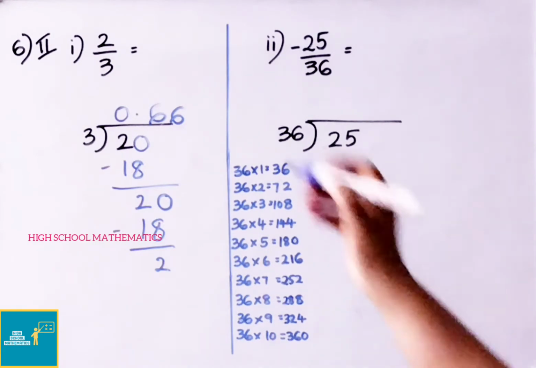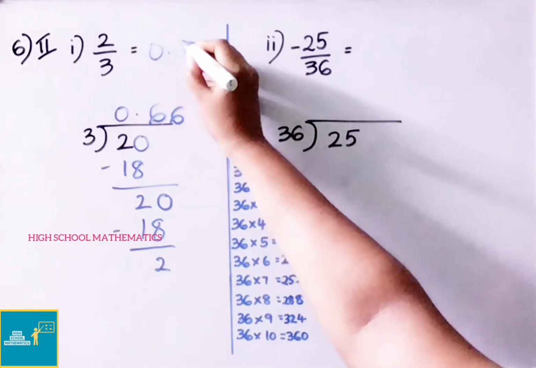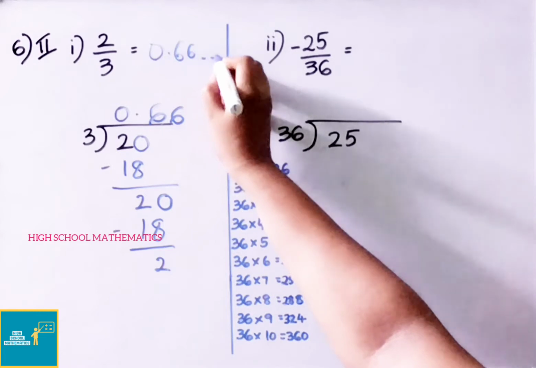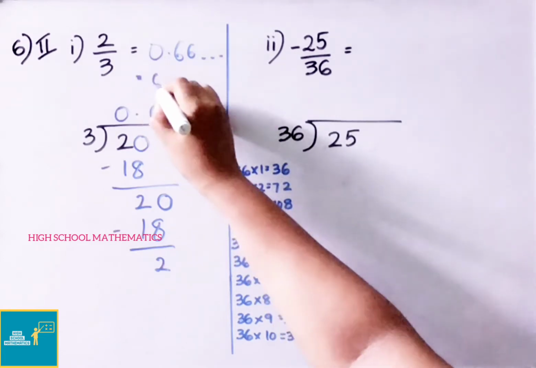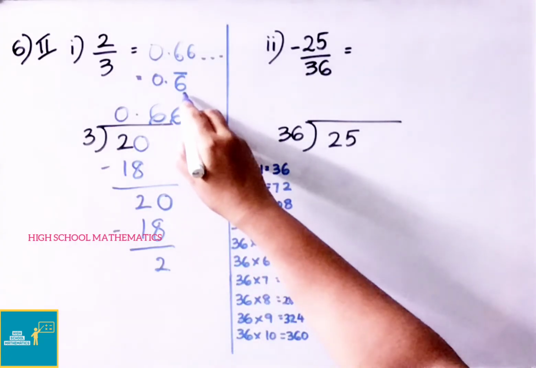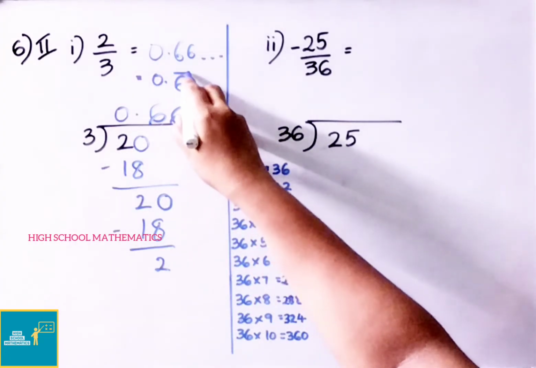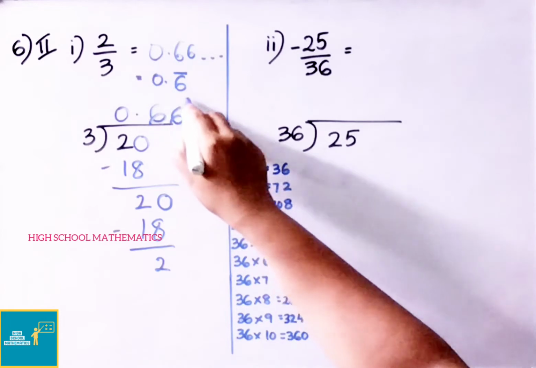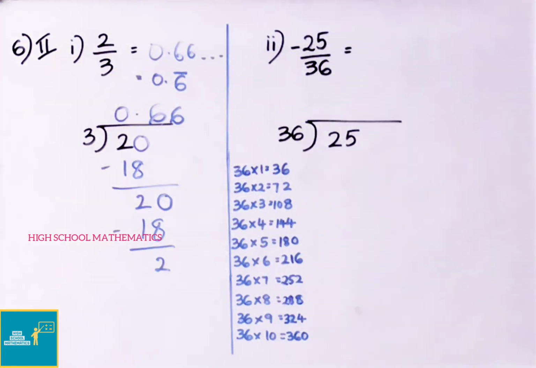So our answer is 0.66 and so on, which equals 0.6 bar. When the number is repeating, we have to place the bar here. So 0.6 bar is our answer. Second question, minus 25 by 36.